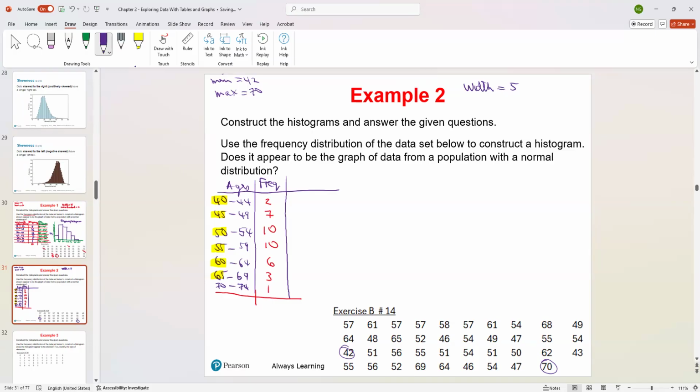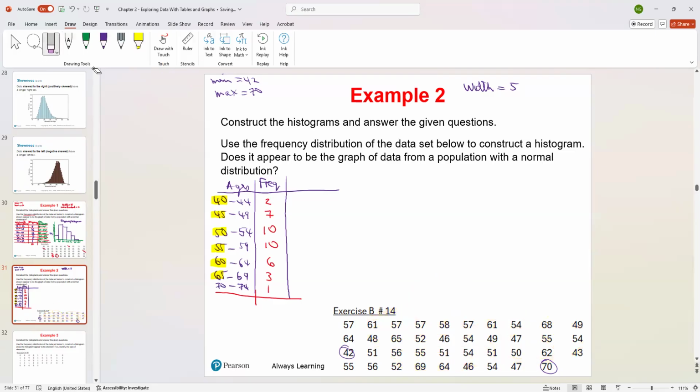If you start the next class with 45, then the upper limit of the previous class is 44. Now, what we did in the previous examples, we counted the number of data for each class using that data set. How many data you can identify from 40 to 44 was only 2. The number of data from 45 to 49 was 7, etc. So that's what we did.